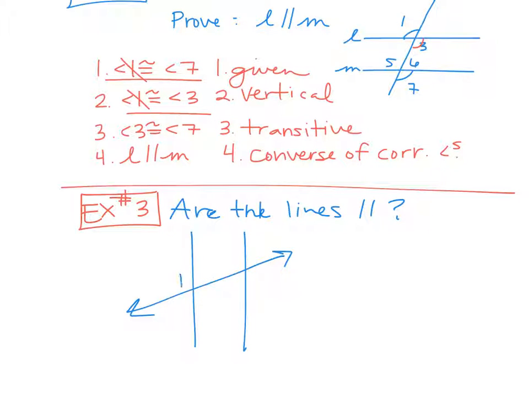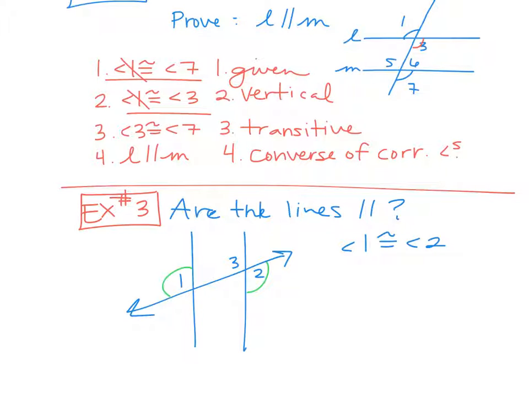Okay, so they don't tell us the lines are parallel, but they do tell us that angle 1 is congruent to angle 2. Okay, if angle 1 is congruent to angle 2, are the lines parallel? If so, why? If not, why not? Do you know what kind of angles those are? Alternate exterior angles, okay?